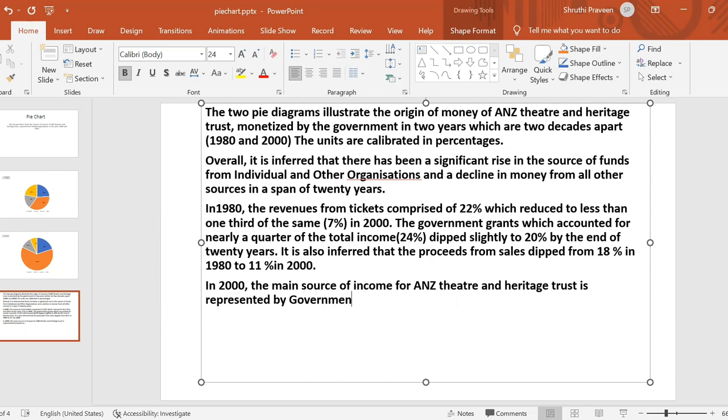government grants. Sorry, not government grants. It's individual and other organizations. Represented by individual and other organizations.